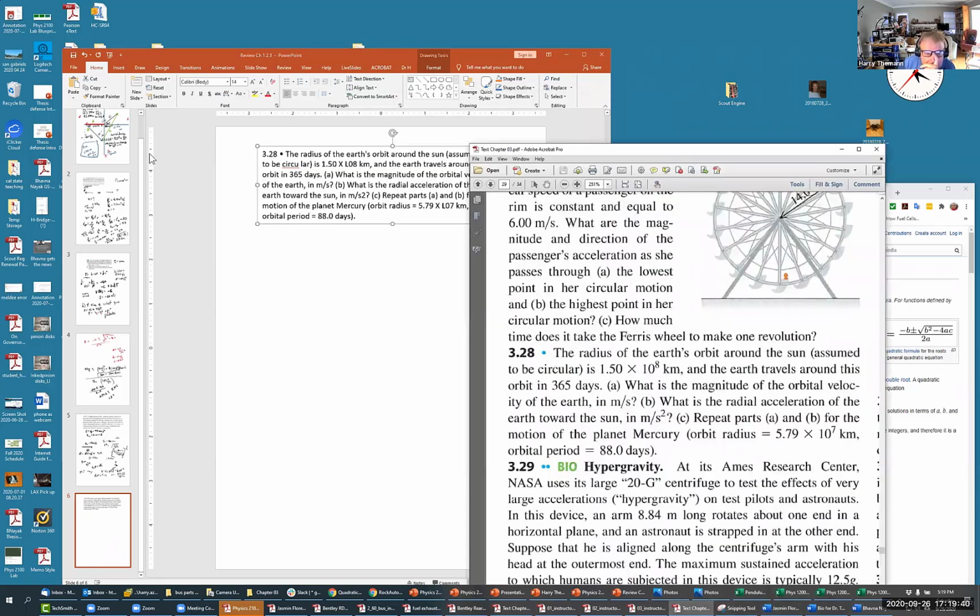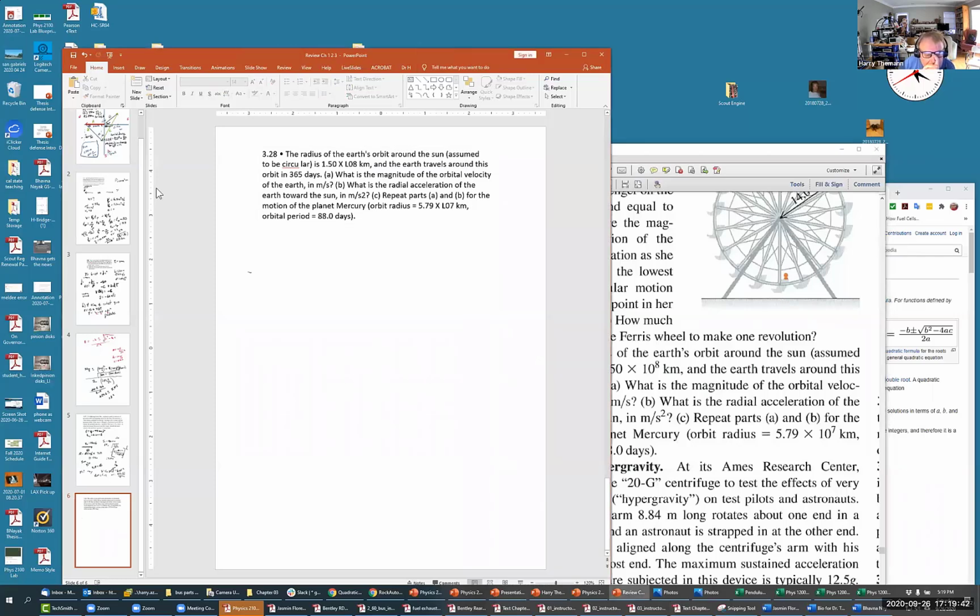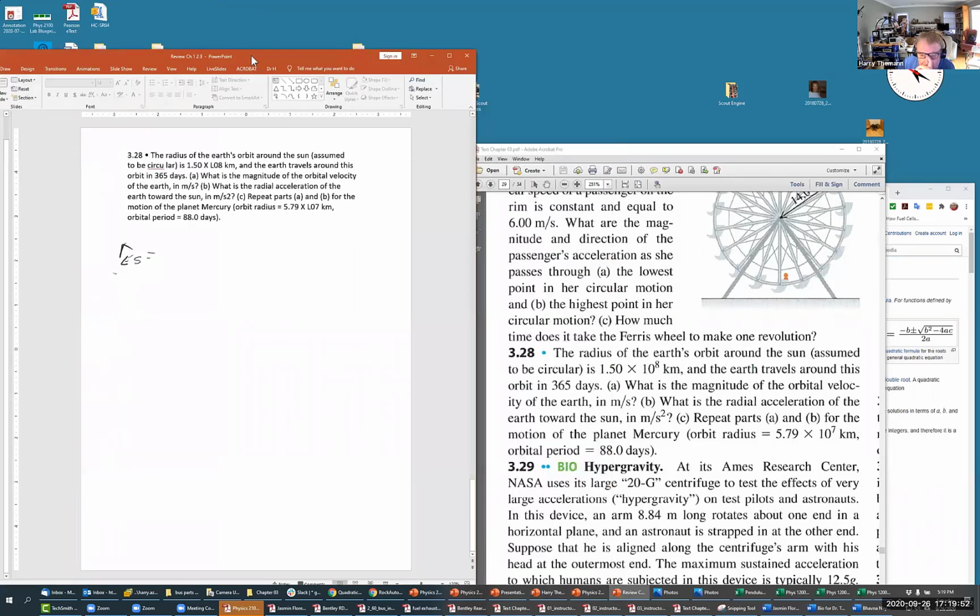The Earth's orbit around the sun. Oof, that didn't copy very well, did it? All right. The Earth-sun distance equals 1.50 times 10 to the 8th kilometers, which is 1.50 times 10 to the 11th meters.